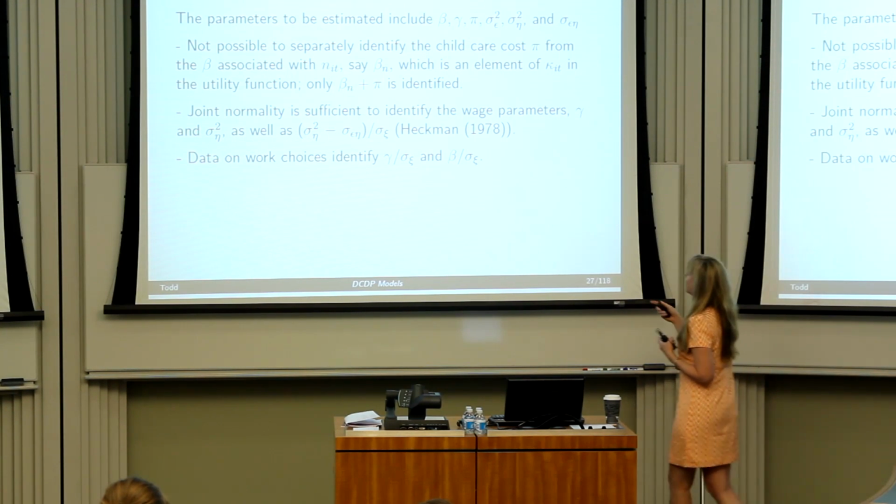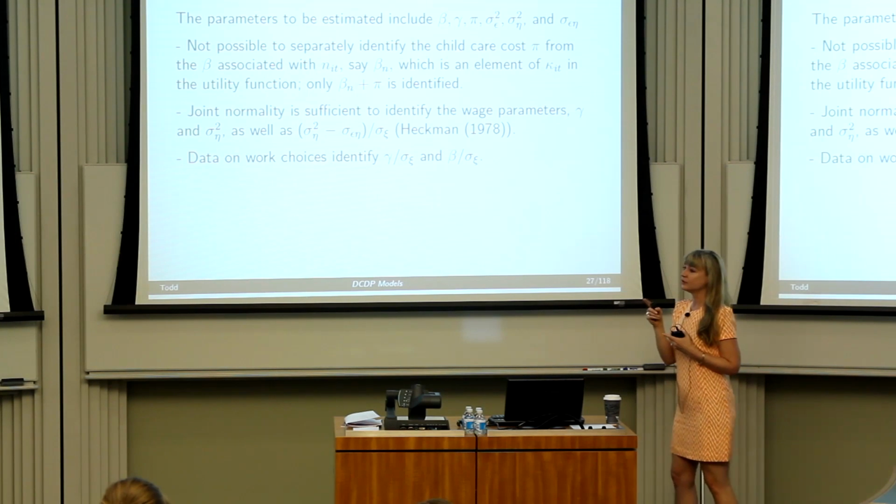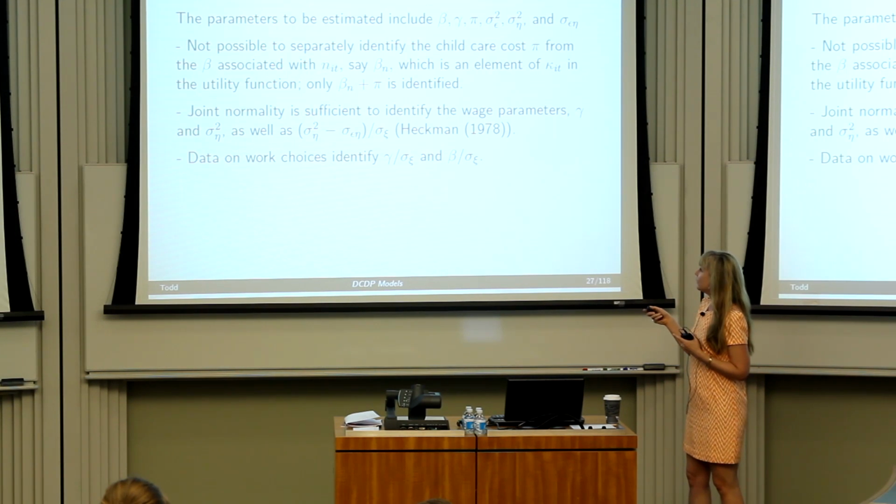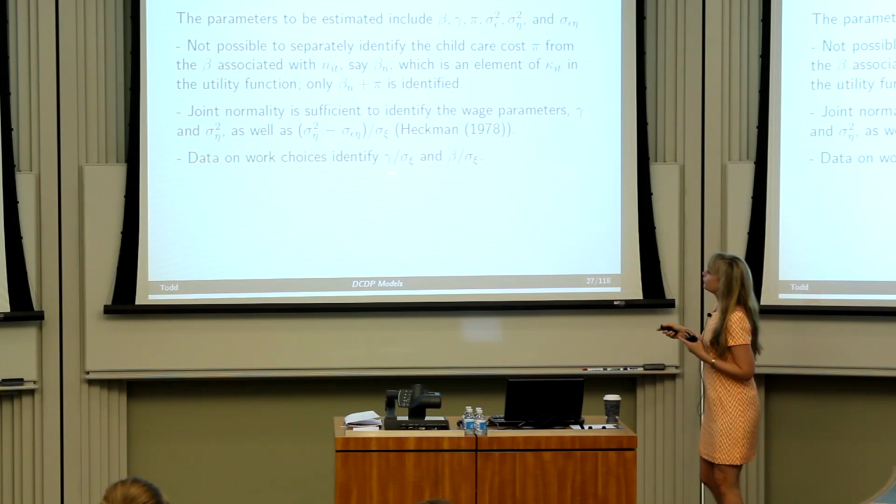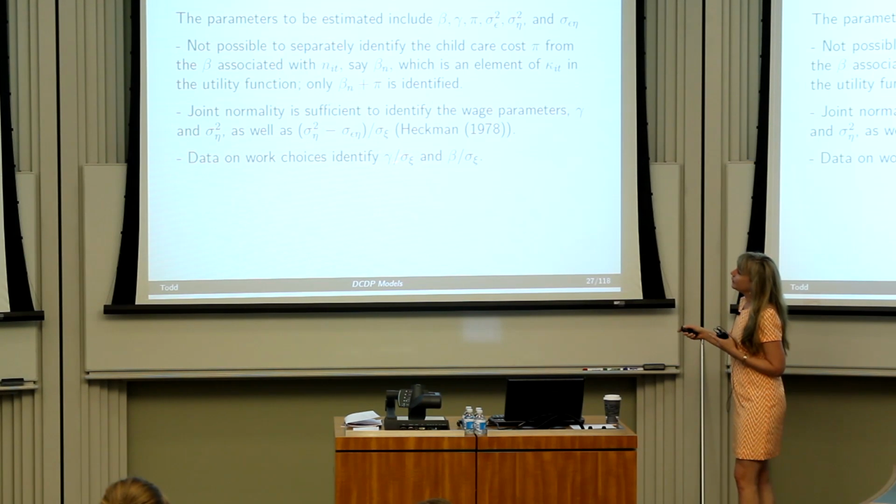So if you have one exclusion restriction, in the wage equation you get gamma. From the probit for whether you work, you get gamma over sigma psi. And so if there's one variable in z that's not in kappa, then you get the sigma psi, right?